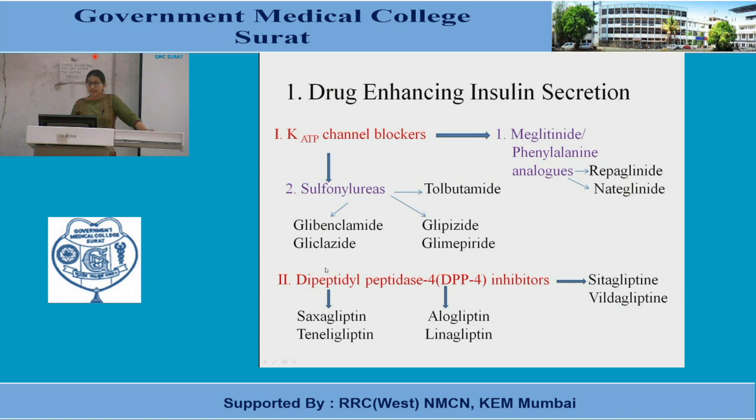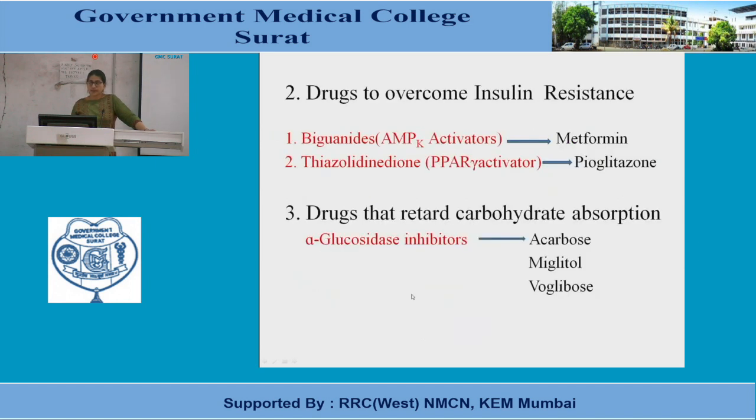Second group would be dipeptidyl peptidase 4 inhibitors. We call them DPP4 inhibitors. Under this come sitagliptin, vildagliptin, saxagliptin, teneligliptin, eogliptin and linagliptin. Then the second broad group comes under the drugs to overcome insulin resistance.